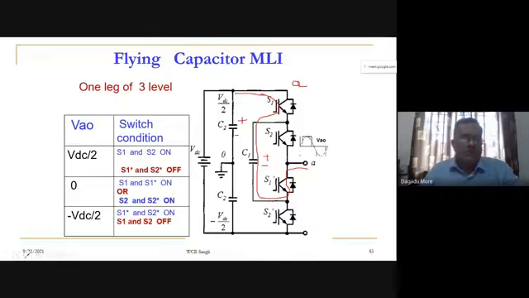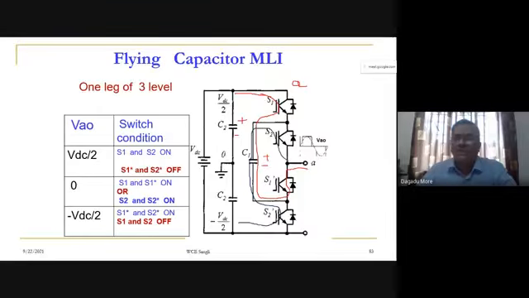Another configuration is when S2 and S2 star are on. S2 star is on, so we go through this capacitor, and then S2 is on.